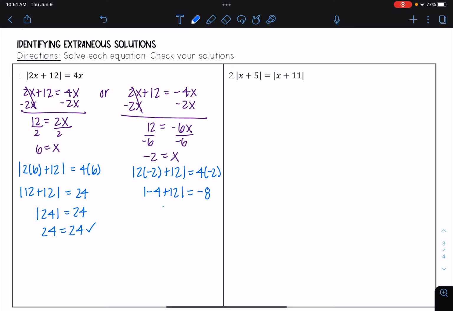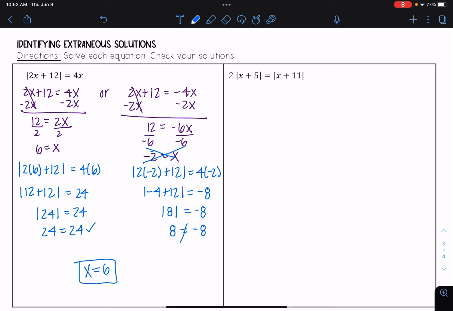Negative 4 plus 12, I get 8. And the absolute value of 8 is equal to 8. So I get 8 equals negative 8, and that is not true. So that means that x equals negative 2 is not a solution. So my only answer for this one is going to be x is equal to 6.